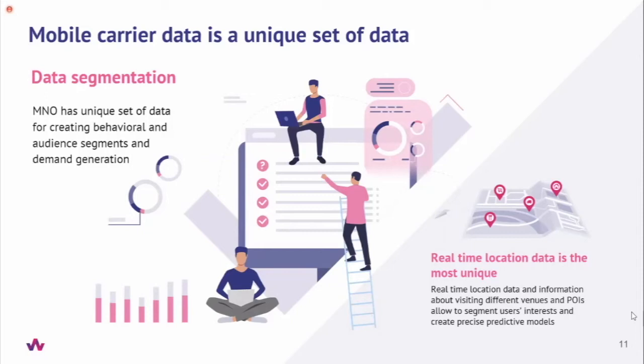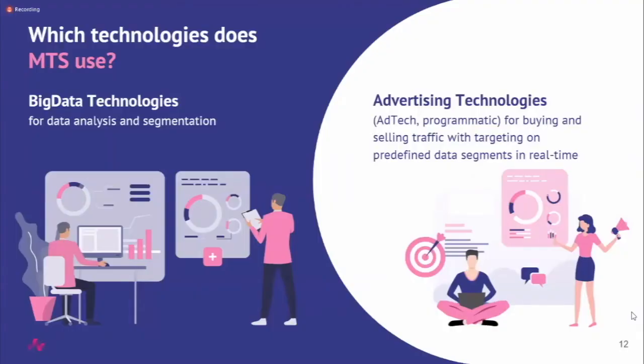Of course, mobile network operators have a lot of other data. So what kind of technologies do they need to use this data? First of all, they need big data technologies and a big data department to collect, store, analyze and segment all this data. And as we see, most mobile network operators have already developed big data technologies.